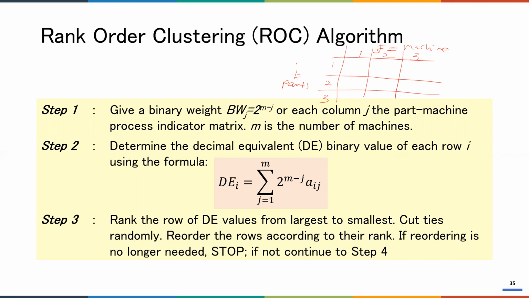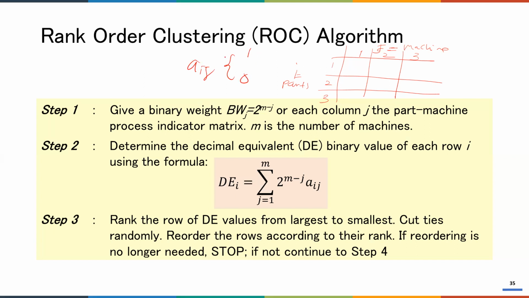Okay, so in this case, we will have this indicator matrix. If we review the previous slide, we will have I, which is the index for parts that we try to make, and J, which is the index for machine. And then if you remember before, we have the so-called AIJ, which is between 1 and 0.